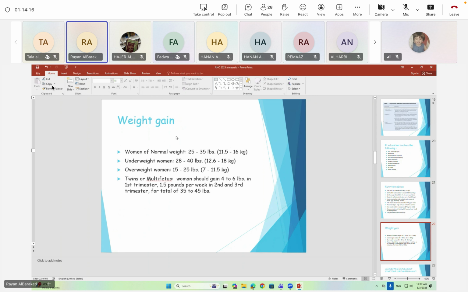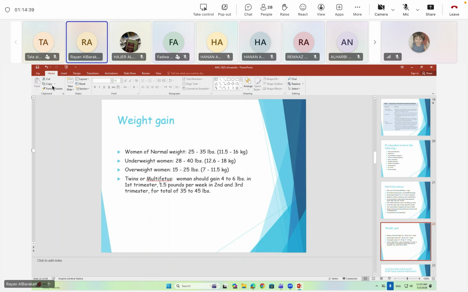What is the expected weight gain? For a normal weight, we would expect an 11 to 16 kilogram increase. For an underweight patient, we expect a 12.6 to 18 kilogram increase. For an overweight woman, we will have a 7 to 11 or 12 kilogram increase.